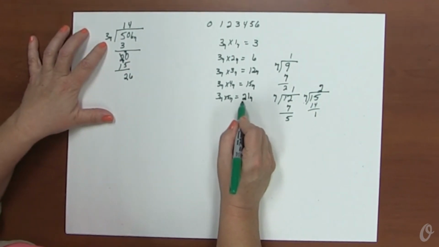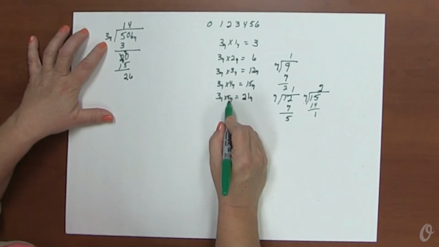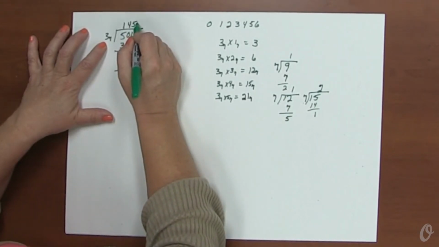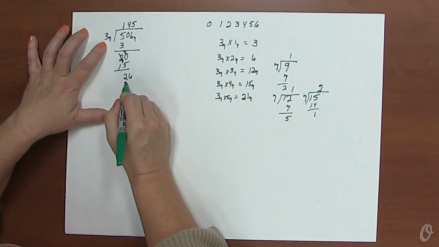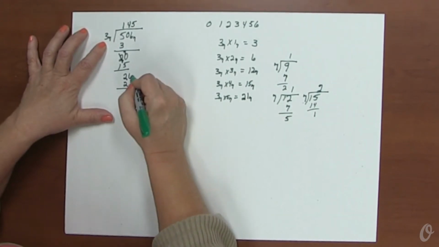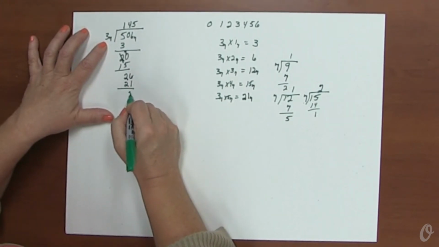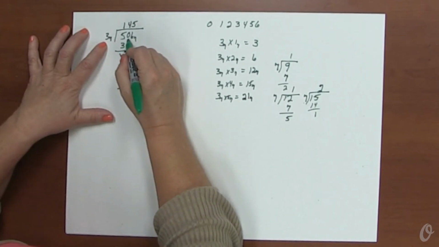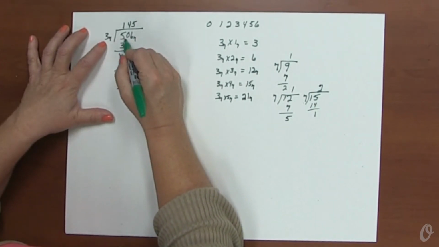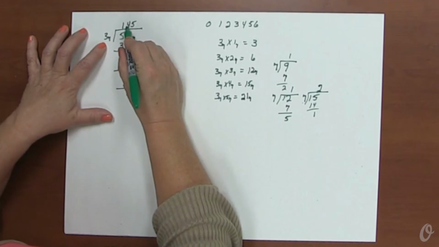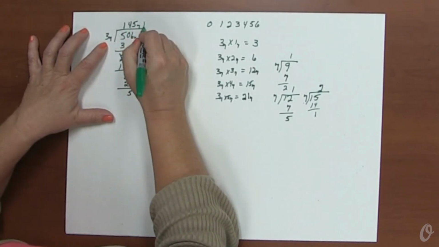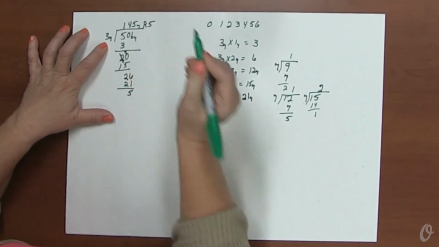The largest one is 2, 1, which is a 5. So 5 times 3 base 7 is a 2, 1, and 6 minus 1 is 5. So 506 base 7 divided by 3 base 7 is 145 base 7 with the remainder of 5.